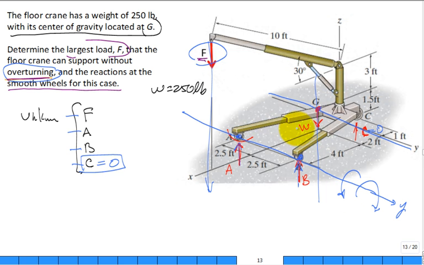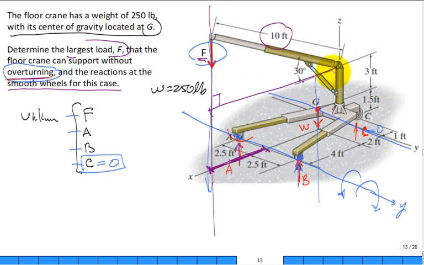So the only challenge is to try to find this distance right here such that the line of action of F comes down. What is that distance? You calculated, didn't you? Yeah, it's kind of an interesting calculation. You have a right angle here, you have 10 foot, you have a 30-degree angle.